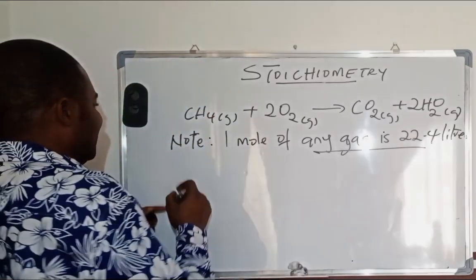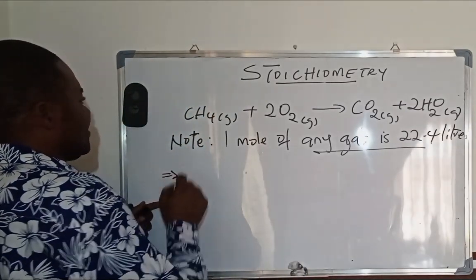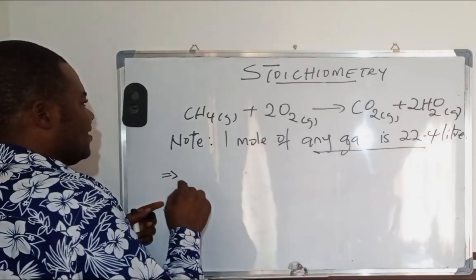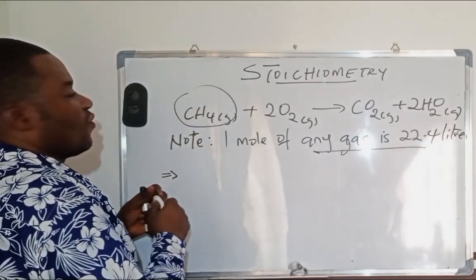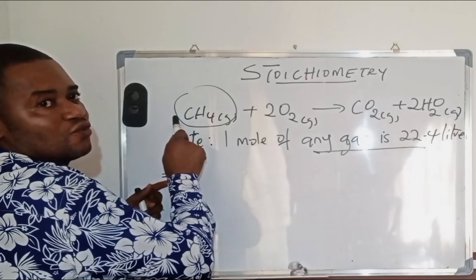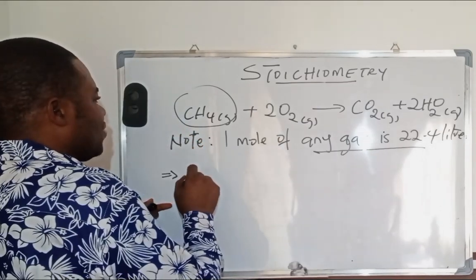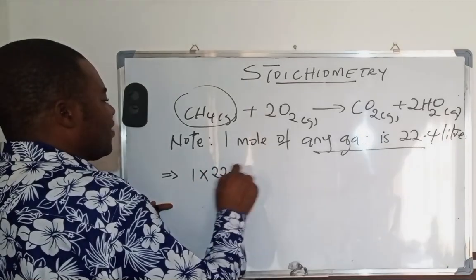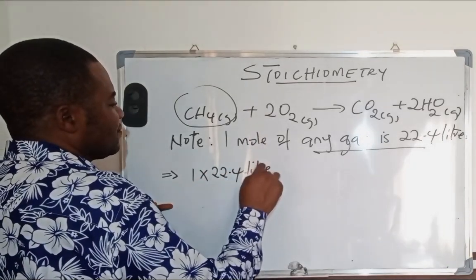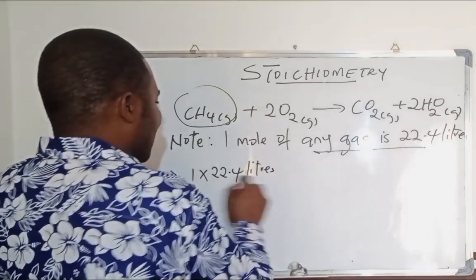Now, it means that if we are taking the stoichiometry for this, this is 1 mole of CH4, methane gas, because there is nothing here, so it's 1 mole. So we have 1 mole times 22.4 liters. You see? That's what you have.